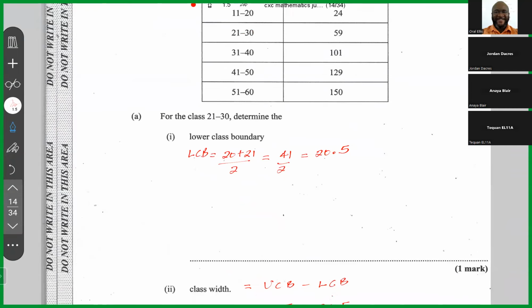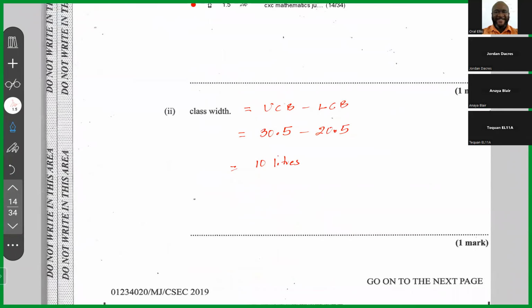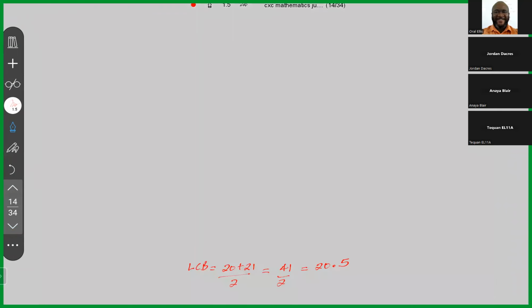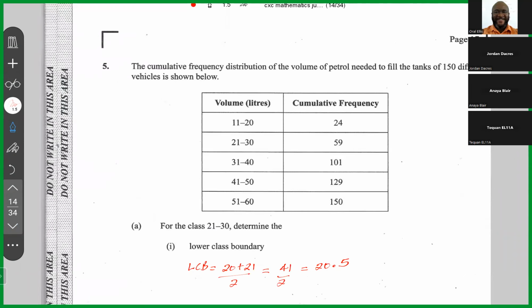It says how many vehicles were recorded in the class 31 to 40. So vehicles here is represented by the frequency. It might be a good idea to put in a column for frequency. Remember, you get cumulative frequency by adding the frequency.